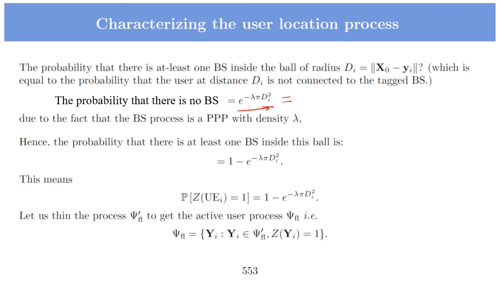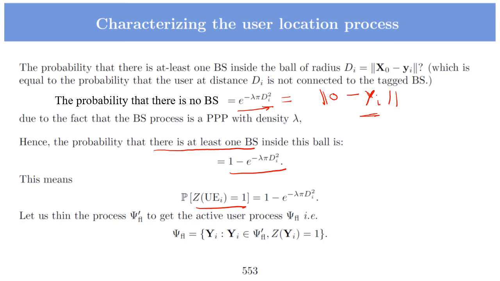The tagged base station is at the origin and the user is at yi, so di is nothing but the norm of 0 minus yi. So this probability depends on the location yi. Similarly, the probability that there is at least one base station inside is given by this, and that is the probability that Zi would be equal to 1.